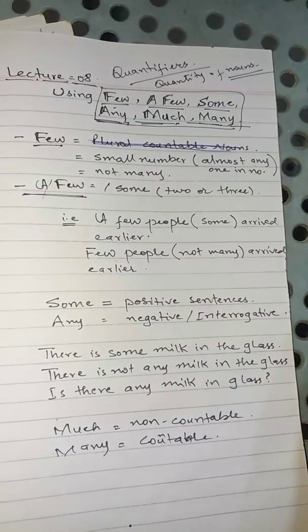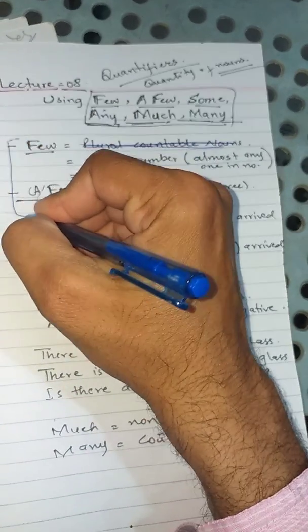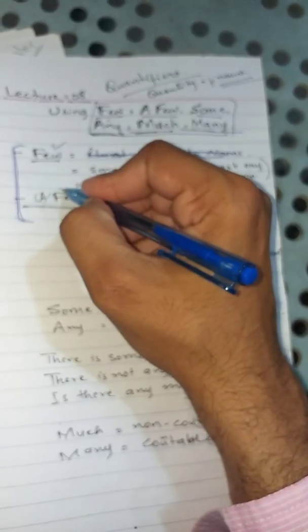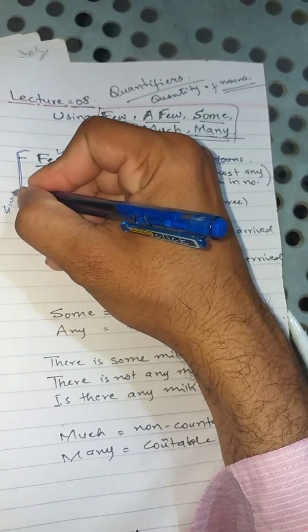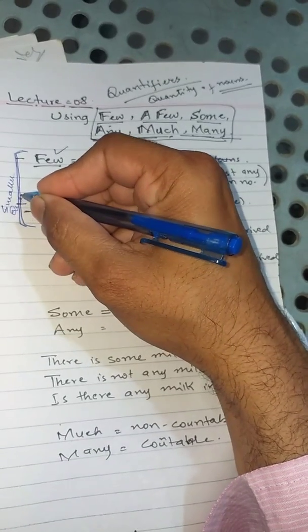It's very simple. If you have a small quantity of objects, then you are going to use few or a few. Few or a few are used for smaller quantities.